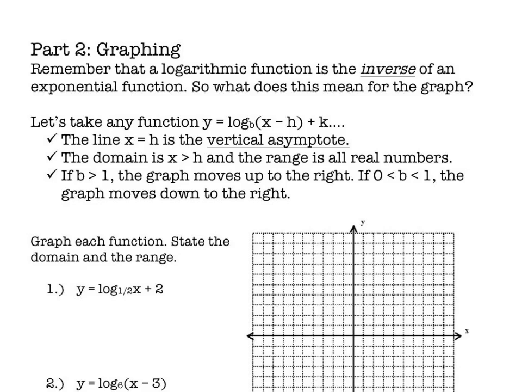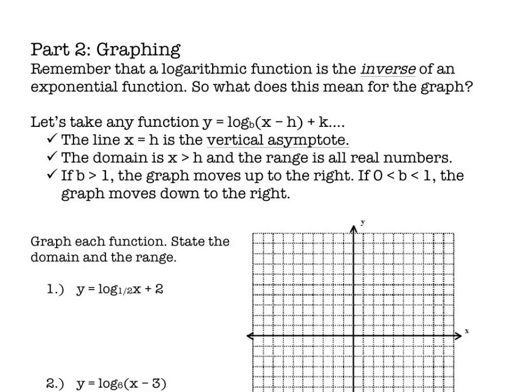So we had an asymptote of y is equal to something, and it was a line straight across that the graph was going to approach but not touch. Now in this case for log functions, it's a vertical asymptote. The domain is going to be x is greater than h, and the range is all real numbers.